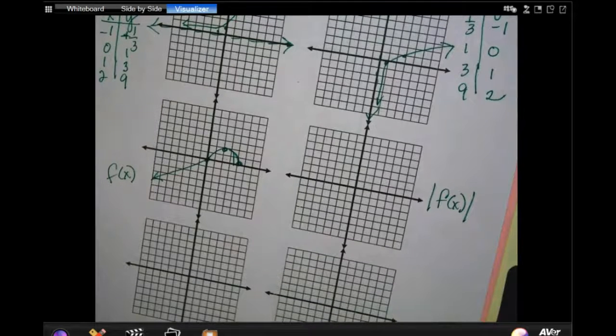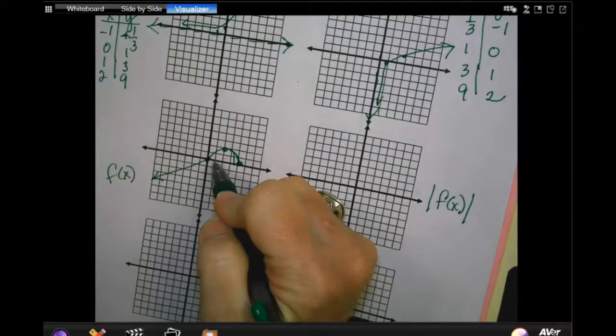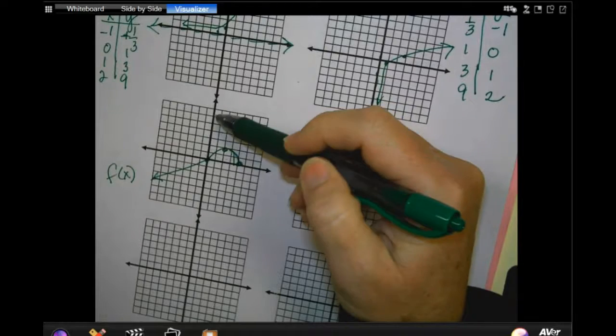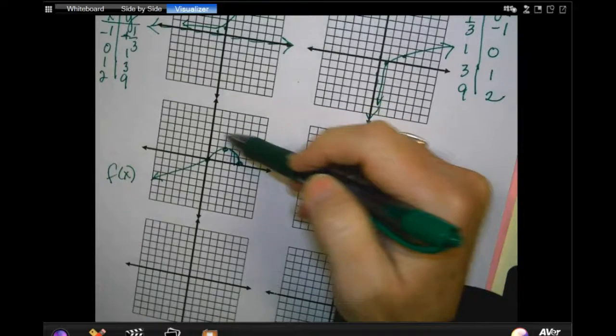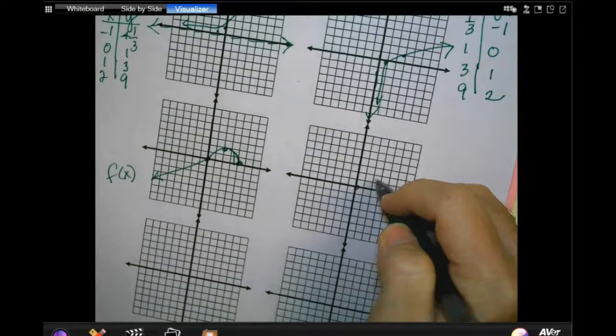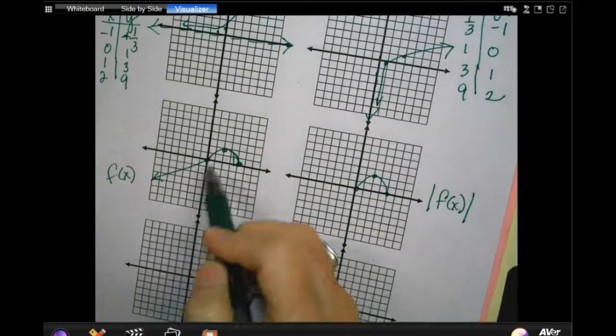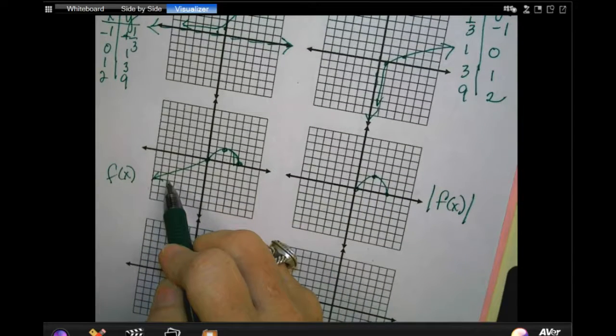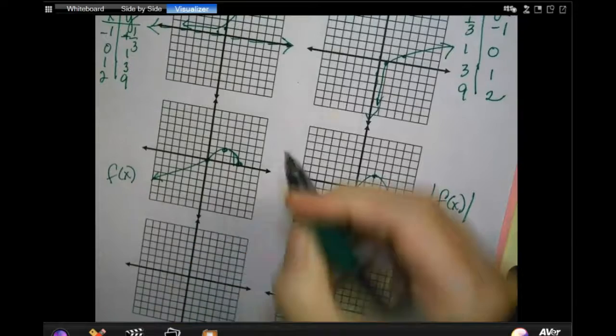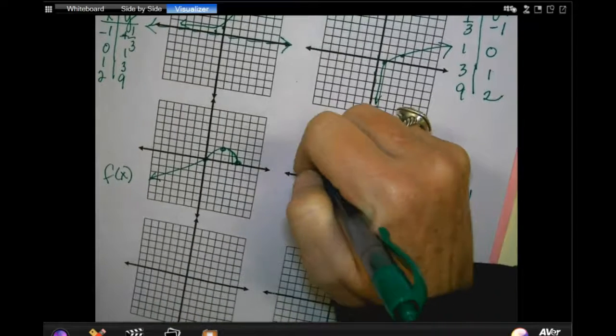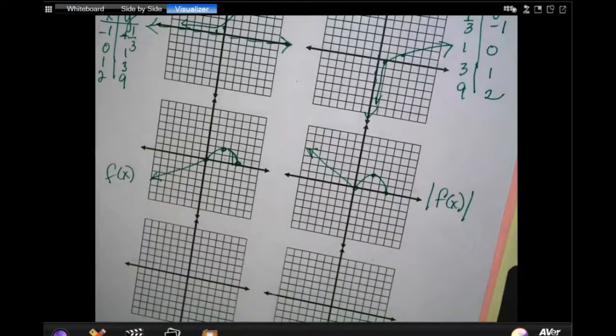Just tell me in words what I do. Make all what positive? The y's this time. So here's my positive y's, right? So I'm going to keep this. And then what do I do with this? Flip it up, right? So it would go like that if I was given points, correct?